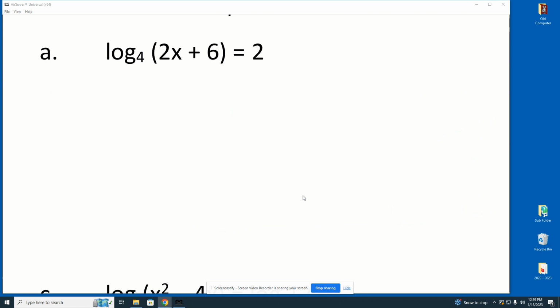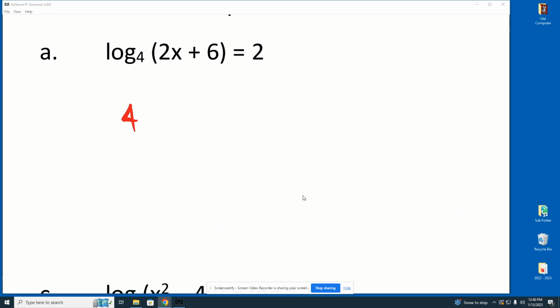So what do I do instead? If I can't drop off the logs, we rewrite it as an exponent. And what was the rule? We learned about that on Wednesday. The base of your log becomes the base of your exponent. What is the base of my log here? So 4 becomes the base of my exponent.